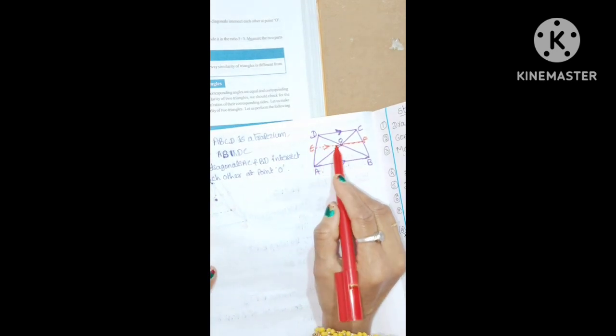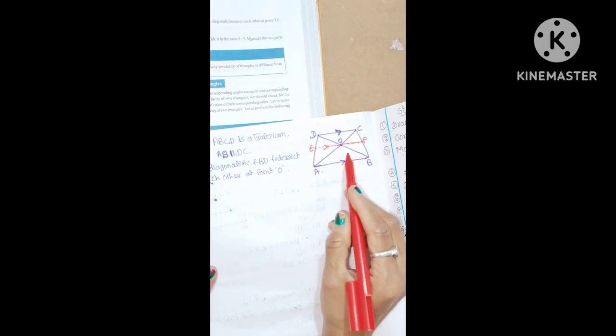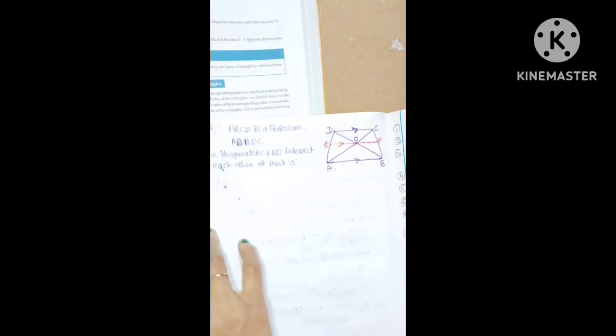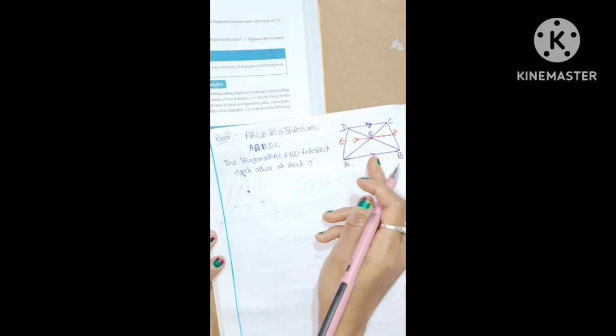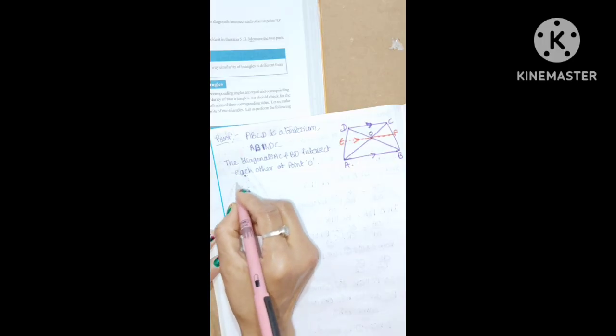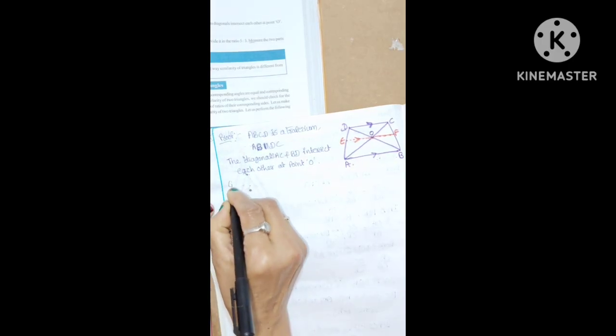Draw a line passing through O and then parallel to AB, so that's why these are all equal. What construction did we need? One construction.